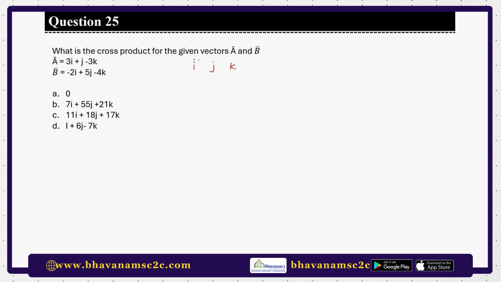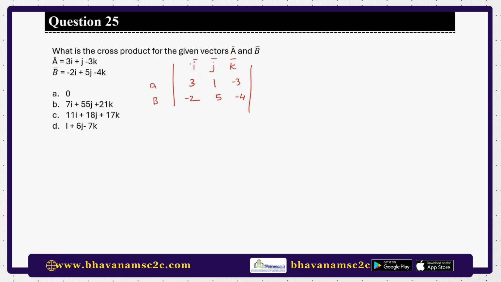Now, for the cross product, what we have to do is put a heading for the vectors i, j, k for the given values 3, 1, -3. These are the coefficients of i, j, k within vector A. And for vector B, it is -2, 5, and -4. It is similar to dealing with matrices.